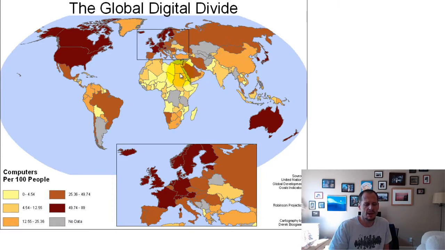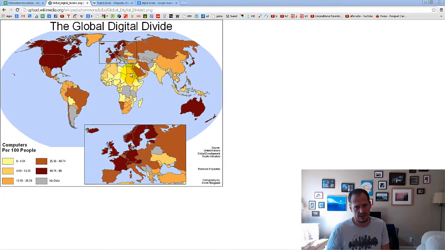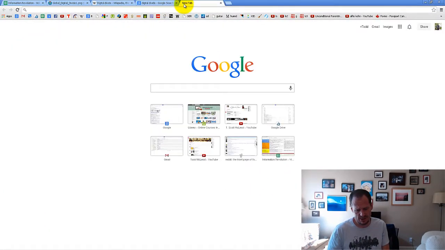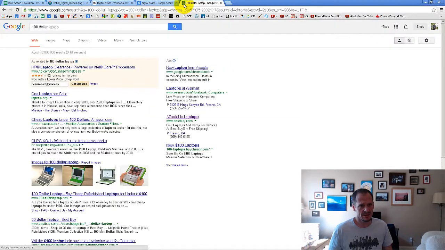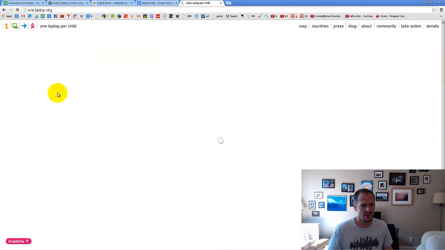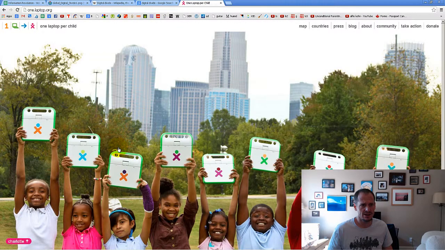There was a program, the $100 laptop project. Let's see if it's still going. That was a while ago. I think it's called something new now: One Laptop per Child. They're trying to get really inexpensive laptops into the hands of kids in these less developed countries where they have less access to technology.